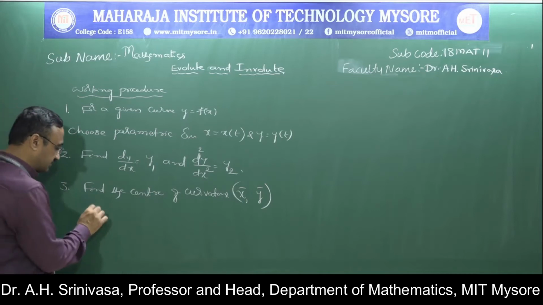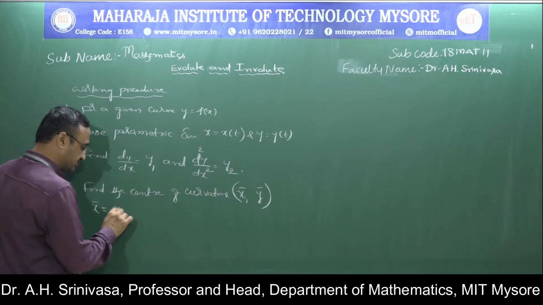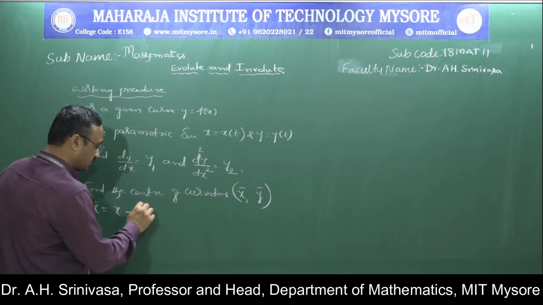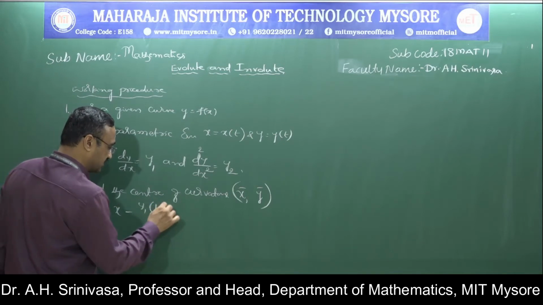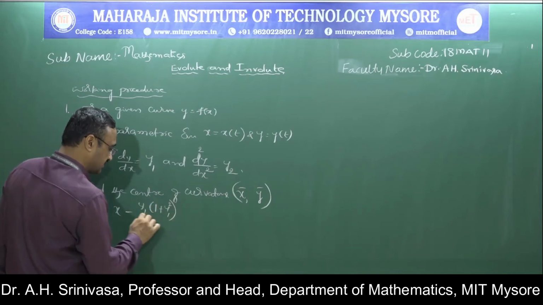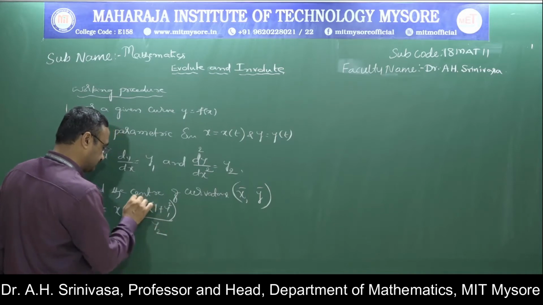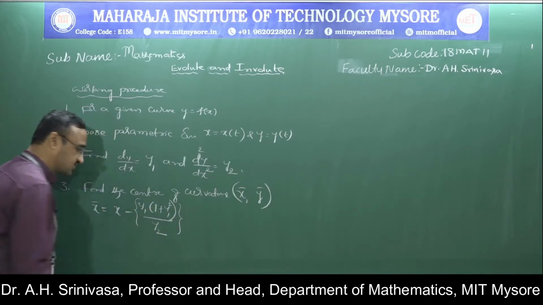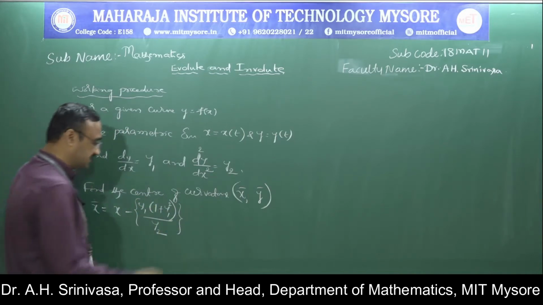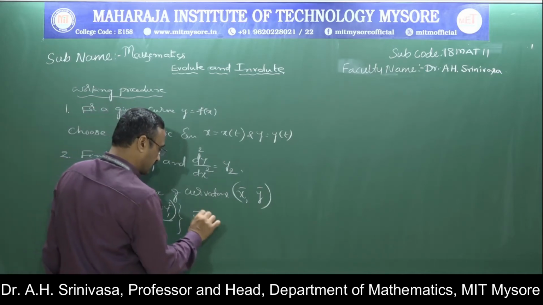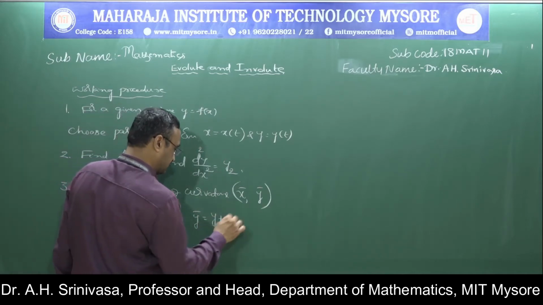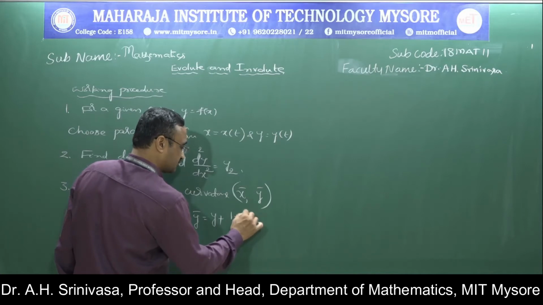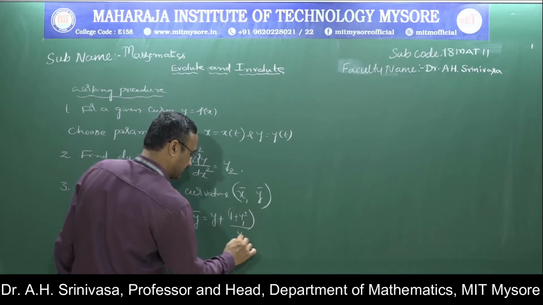Use the formula for the center of curvature. x bar is x minus y1 into 1 plus y1 square, all divided by y2. And y bar should be equal to y plus 1 plus y1 square, all divided by y2.